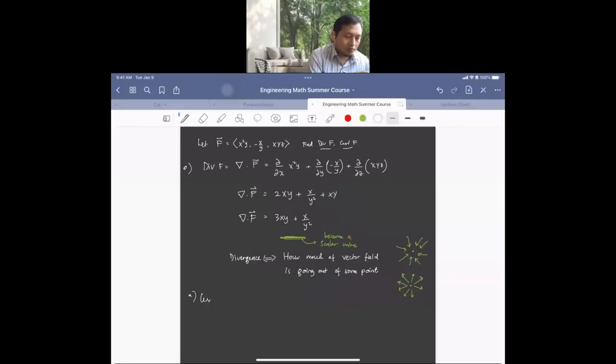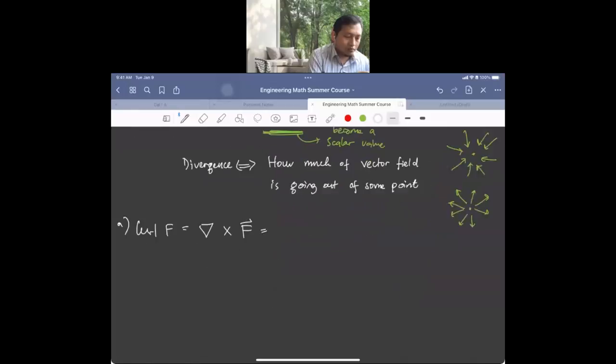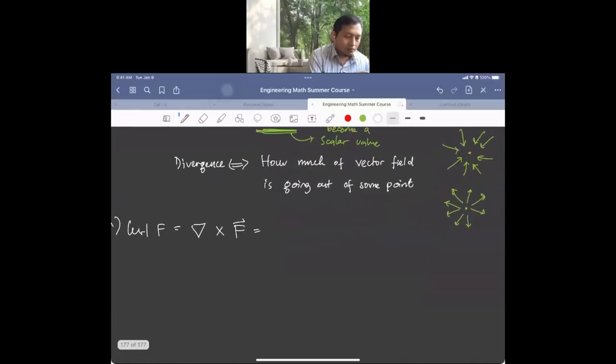So this is the first part. The second part is finding the curl of F, which means del cross the vector field. Now we can just write it and solve using the cross product.